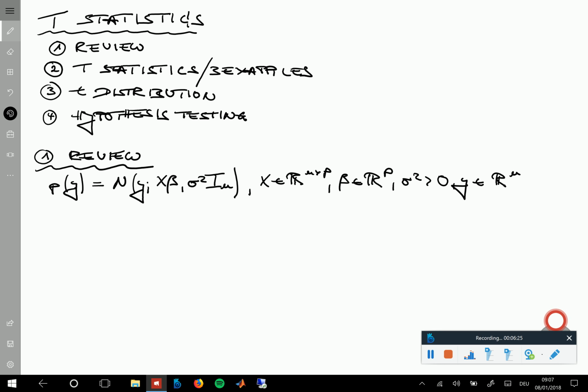Yeah, so the error contributions are independently distributed. Sorry, not identically distributed. I confused myself because they, of course, have different means because of the x beta. Okay, so that's the foundation of what we're looking at.